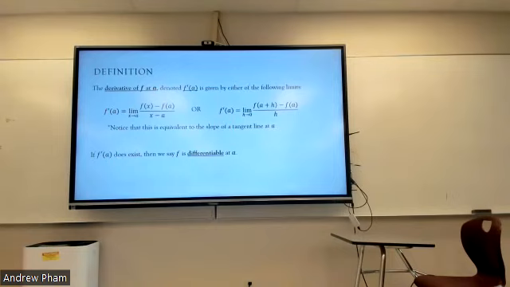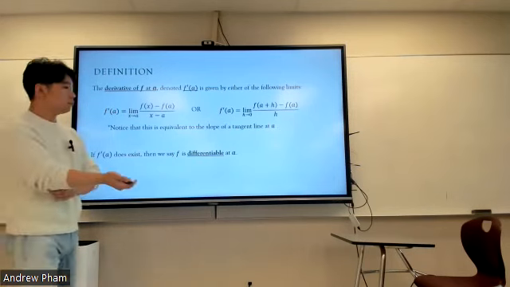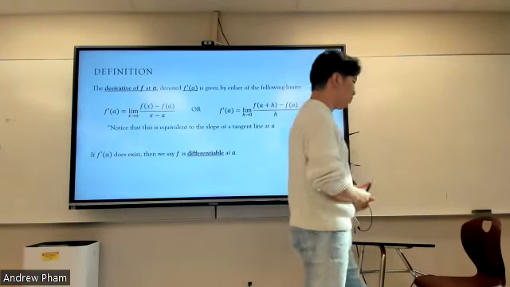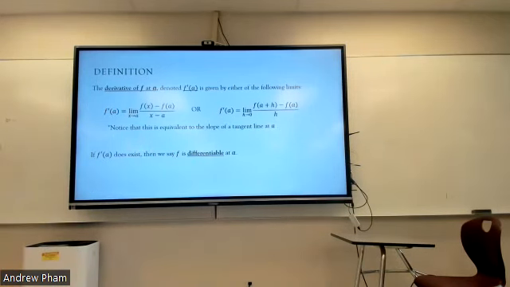It's some number. Then I can say that my function f is differentiable at A. So if I can find a derivative, that means we are differentiable, in particular at the point A, or x value A.